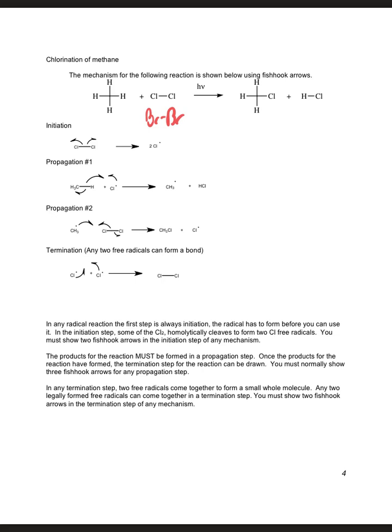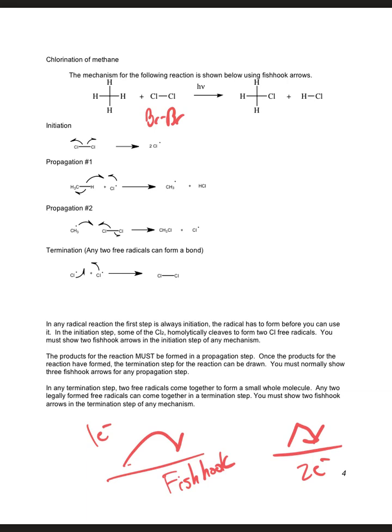But either one works, and we have to be careful that we draw the right arrows. They're all fishhook arrows with one hook on them, instead of the ones we've been drawing so far with the double hook, because the double hook is implying 2 electrons move, whereas the fishhook is implying 1 electron moves.